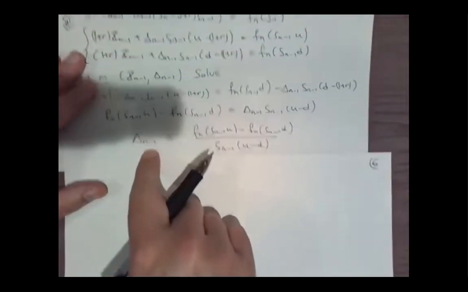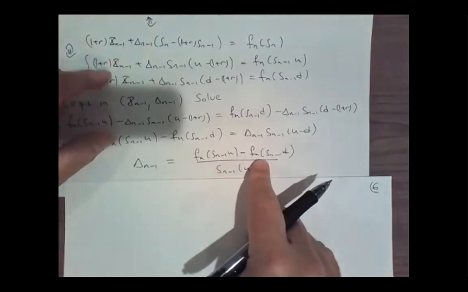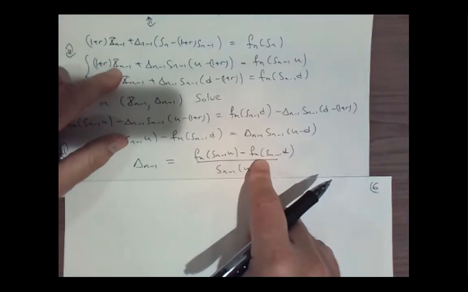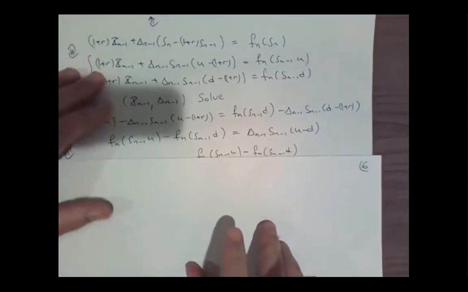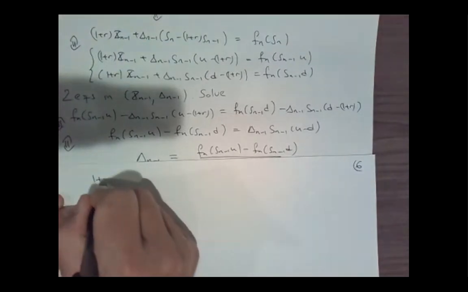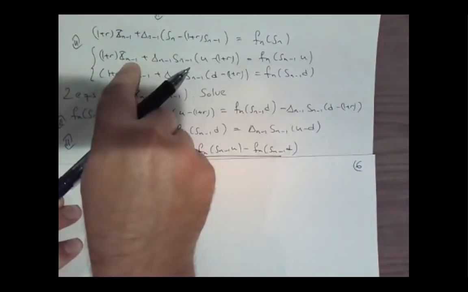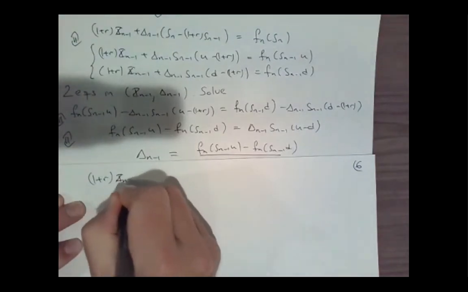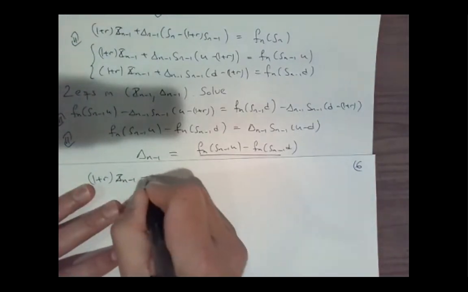So what does x_n equal? How do I get my x_n's? I take this expression and put it into one of these two equations. When I do that, I'll get something involving x_{n-1}. So let me take the first equation. It doesn't matter which one you take, but let's do the first one.